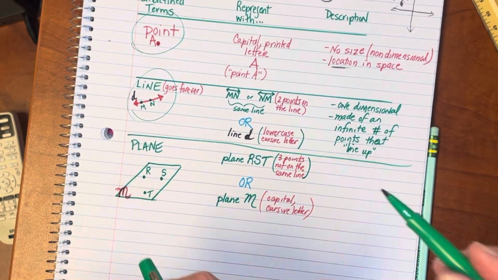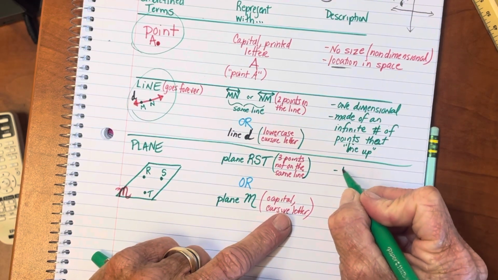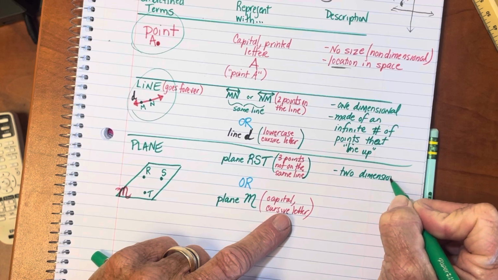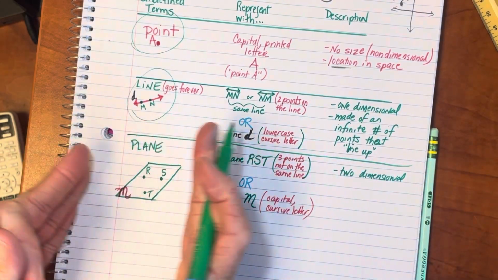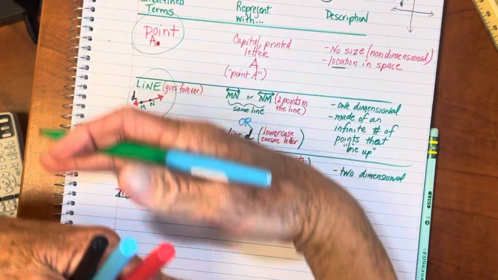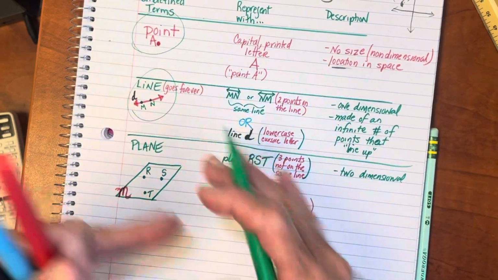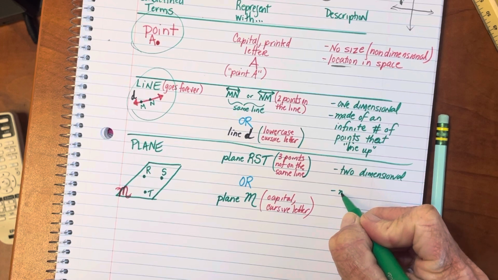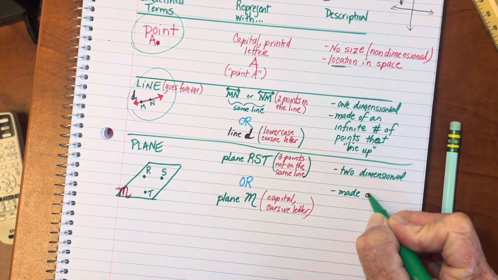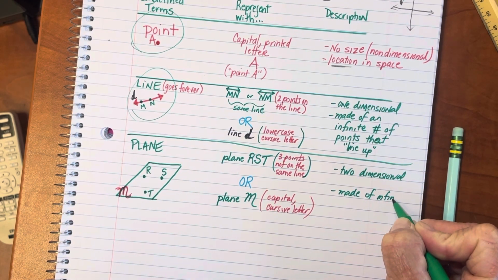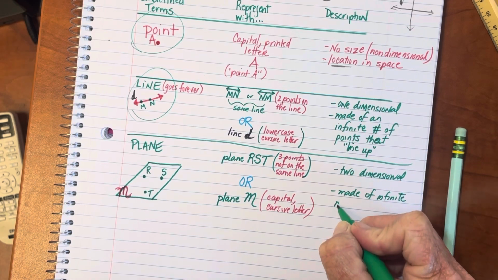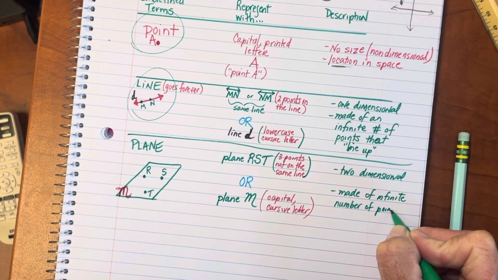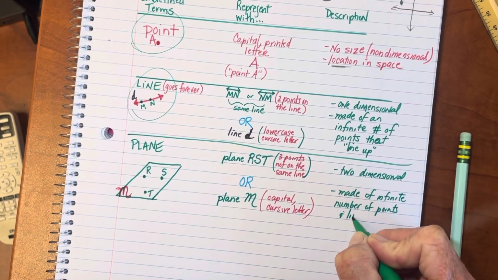All right, again, in theory now, a plane is going to be two-dimensional. It extends in two directions. It extends with respect to width and length, base and height, two-dimensional. And it is made of an infinite number of points and lines.